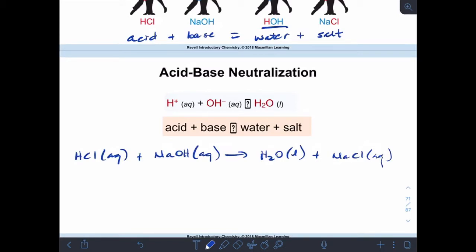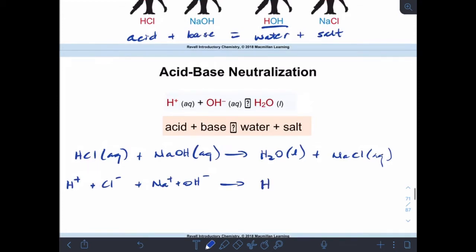Anything that's aqueous can be broken up into its ions. So if I have H plus and Cl minus and Na plus and OH minus, and then over here, liquid things have to stay together. I can't break those up, so that still will be H2O liquid. I won't break that one up. And then the aqueous thing I can break up.